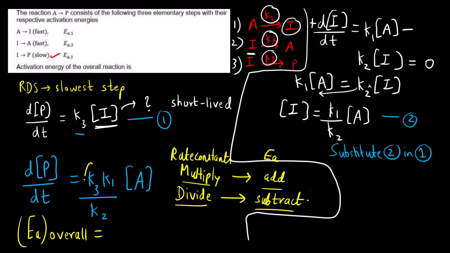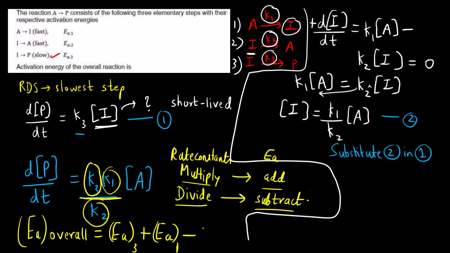Here you can see first is K3, so I can write EA3. Multiplication means you add K1, that is EA1, the activation energy of the first reaction. Then there is divide, so you write minus, and then there is K2, so you write EA2.